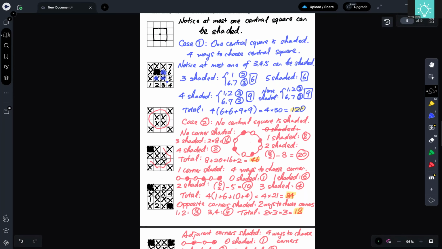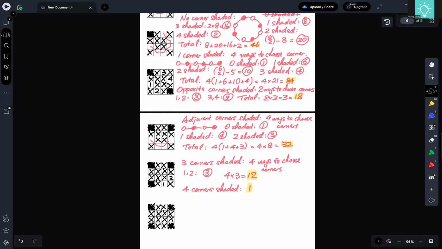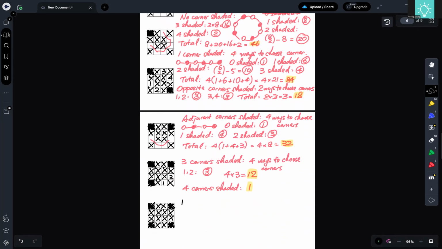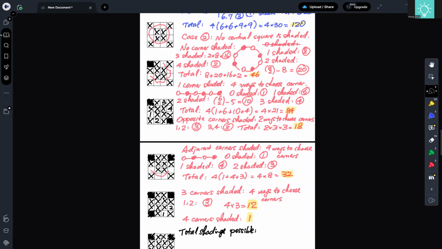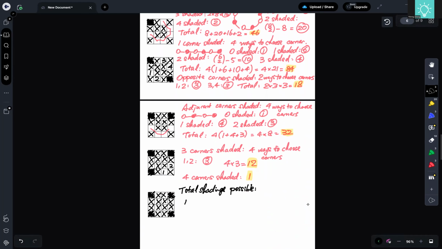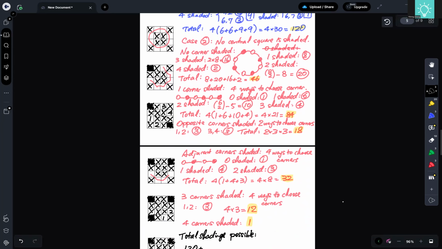Okay, so now how many ways are there to complete such a shading? We have to add up all the different numbers that we have here. So case 1, we had 120 if we shade one of the middle squares.